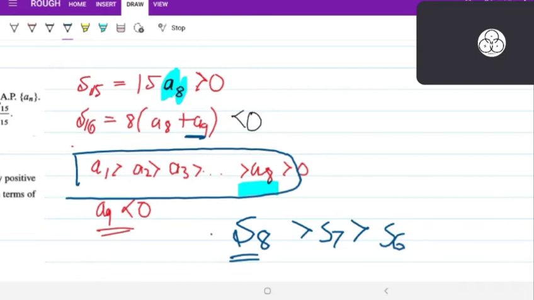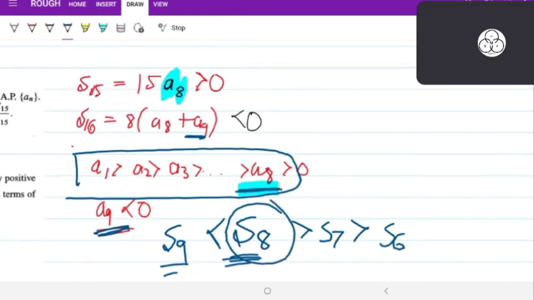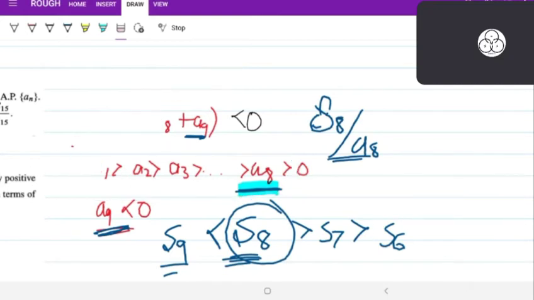But S9 has a negative number added, so S9 will be less than S8. So S8 is the largest sum and A8 is the lowest positive term. The highest ratio will be given by S8 by A8. If you have difficulty understanding the way I solved the question, look at it from the very beginning, the very first explanation, and you will get it.